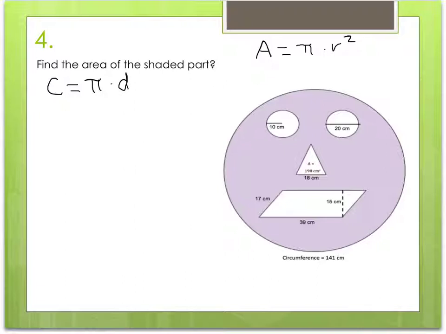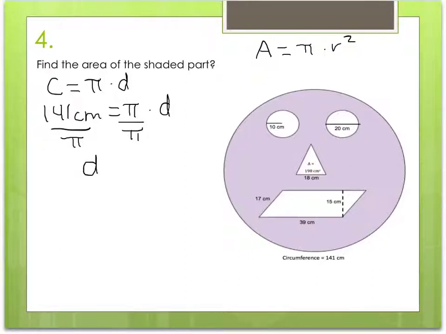And we know the circumference value, which is equal to 141 centimeters, and we know our pi value, which is 3.14, to calculate our diameter. Now, in order to get diameter on its own, we are going to divide by pi and divide by pi, which gives us a diameter equal to 44.9 centimeters, or rounded up, diameter is equal to 45 centimeters.